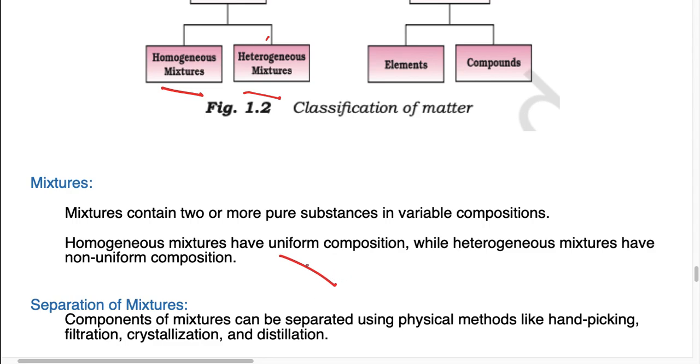If the composition is uniform, then we can say it is homogeneous, while if the mixture is made out of non-uniform composition, then it will be a heterogeneous mixture.